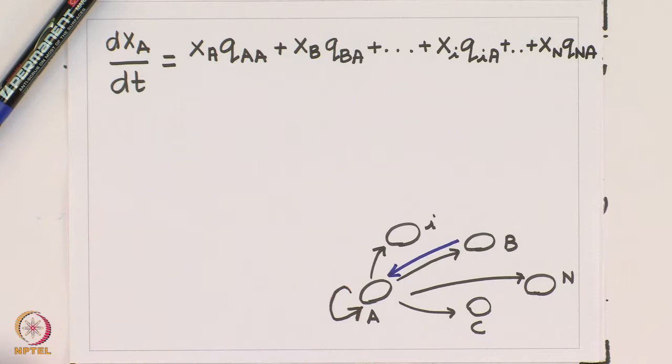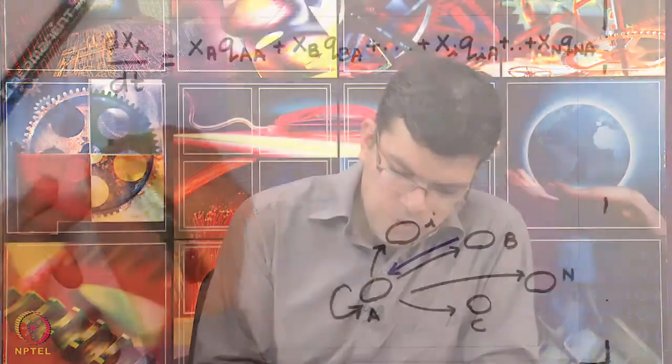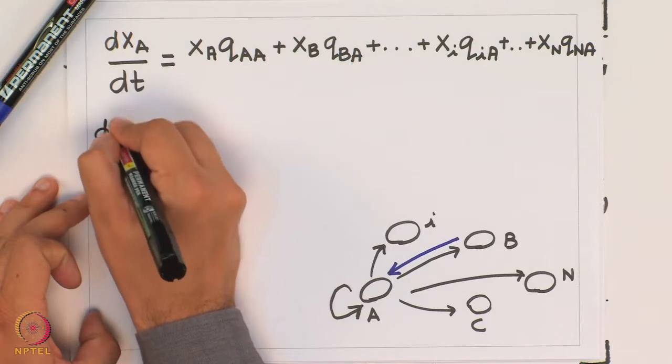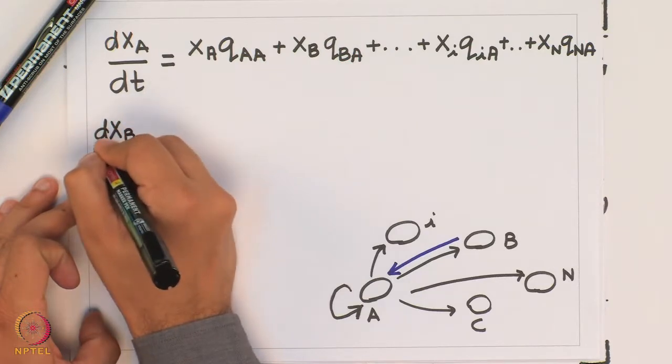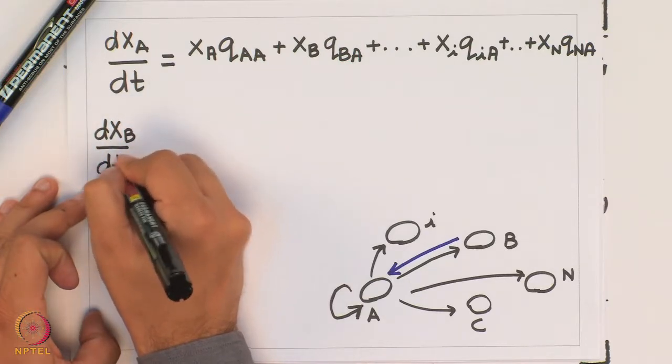Make sure you spend a couple of minutes studying this equation and convincing yourself that this represents the change in the fraction of population which belongs to genotype A with time. Alright, so let's try and write one more, which is dxB by dt.